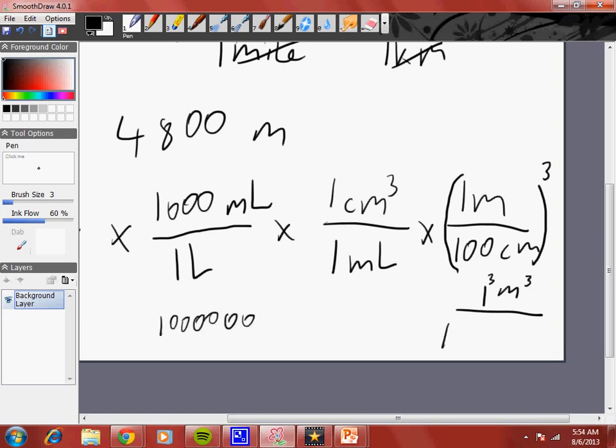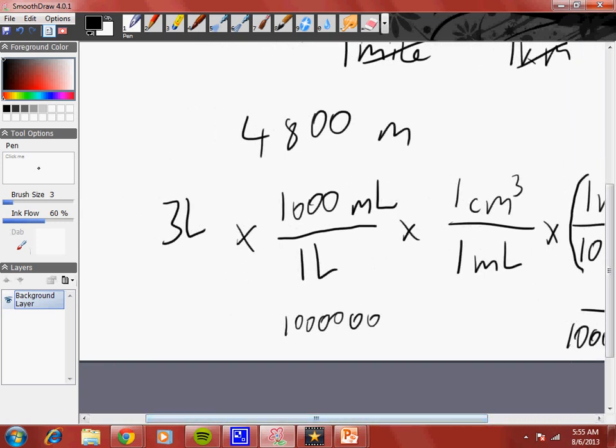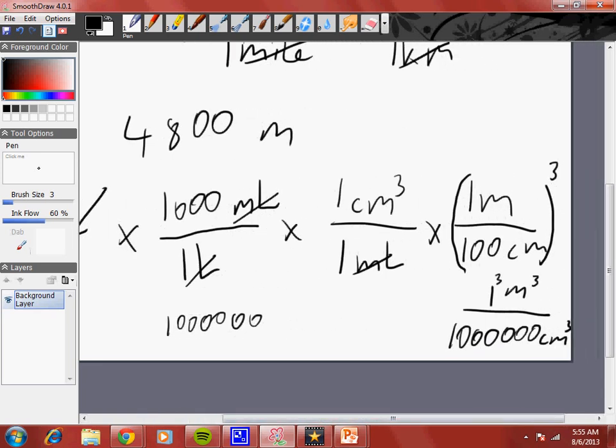So that becomes 1 cubed meters cubed, and 100 cubed centimeters cubed. 100 times 100 times 100 is 1 million centimeters cubed.